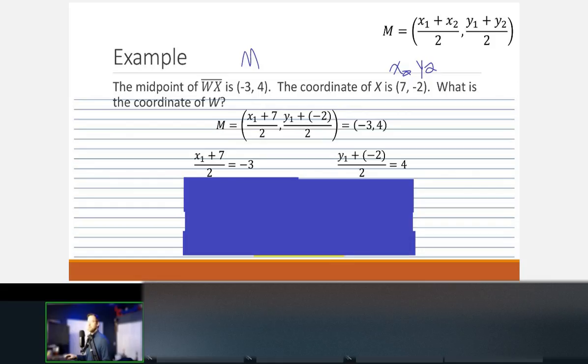Anyway, everyone, go ahead and solve both equations, and then when you solve for your x1 and y1, go ahead and give me a green check so I know that you are done.